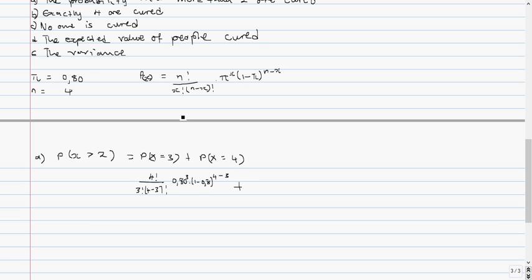Again, we apply this probability formula. Our n is 4, it doesn't change, factorial, over our x has changed now because we are saying P(x equal to 4). So we are now looking for the probability of 4. Wherever there is x, we replace it with 4. So we have 4 factorial, and then in brackets 4 for n, because 4 samples, minus x, our x is now 4, and then we find the factorial of that.